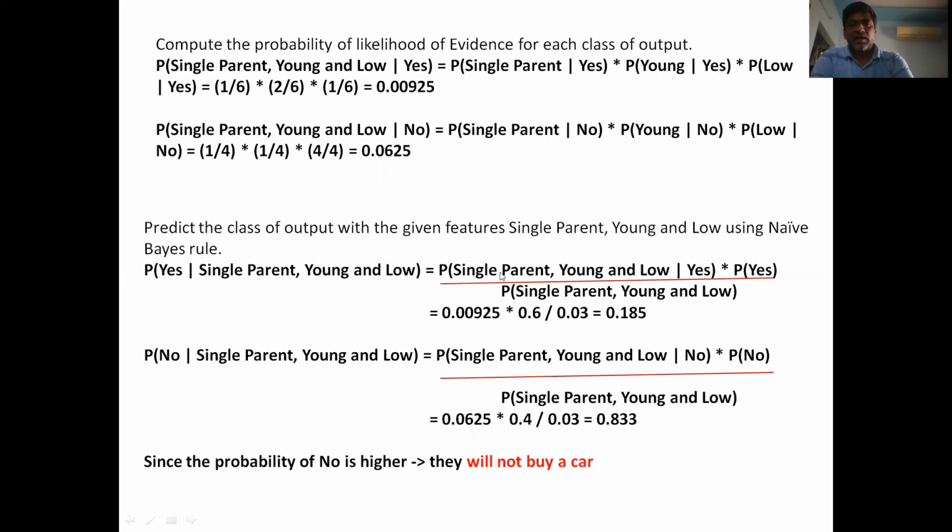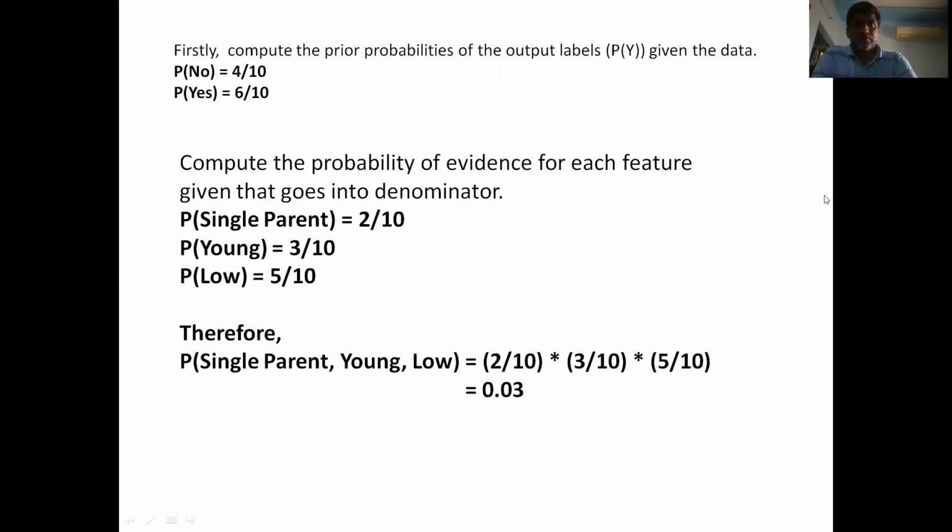So we have already calculated this one. Probability of single parent comma young and low given yes is 0.00925 into probability of yes, also we have calculated in our first step.